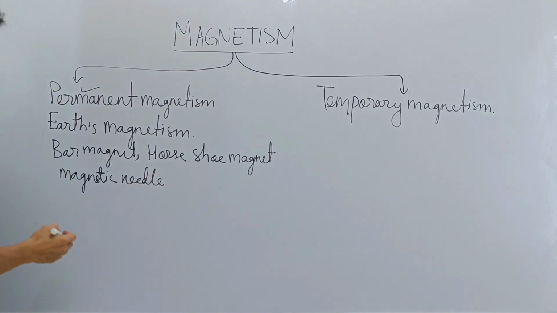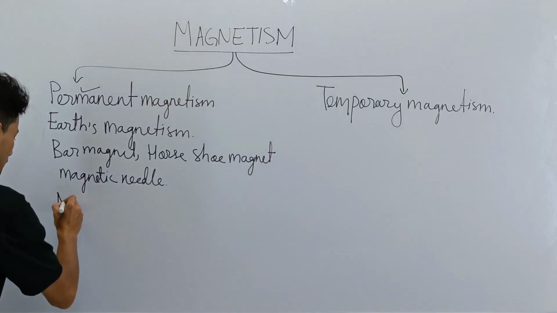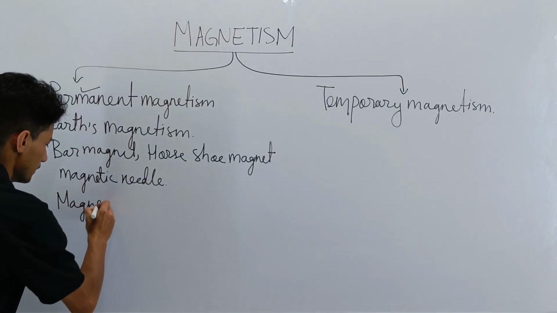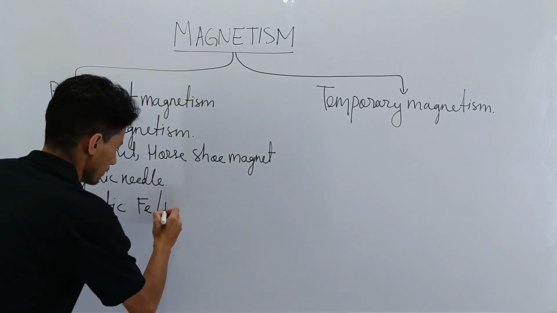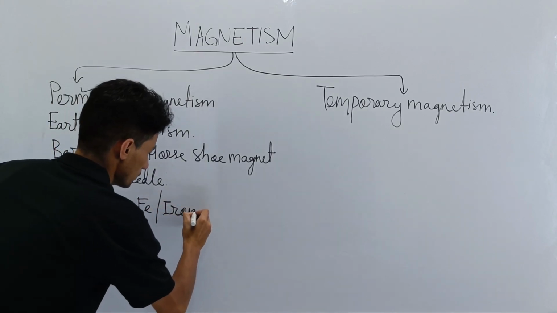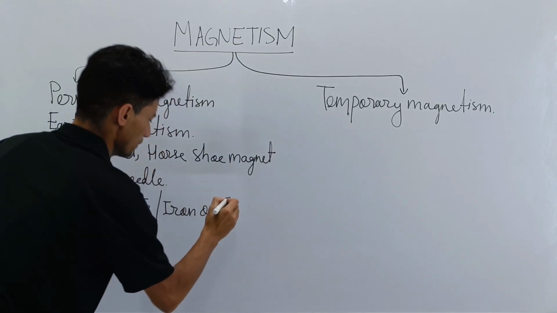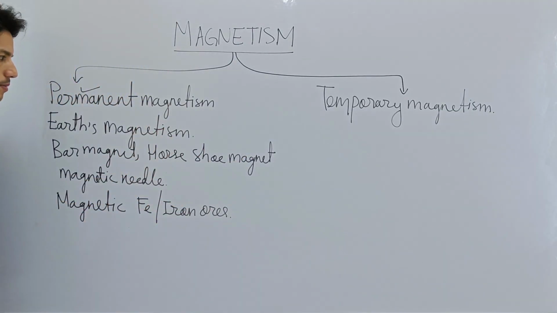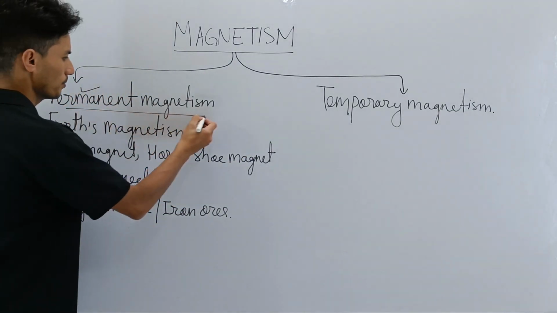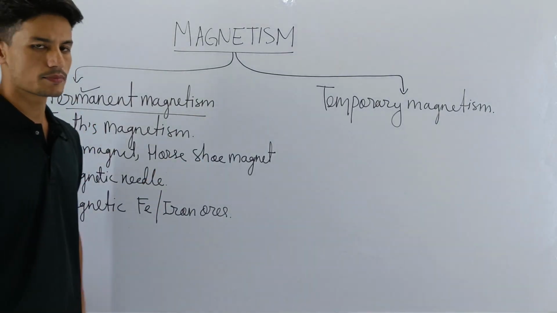Then we have one more, and that is magnetic iron ores, Fe, which is iron only. So all of these substances possess permanent magnetism. That means their magnetism doesn't change.